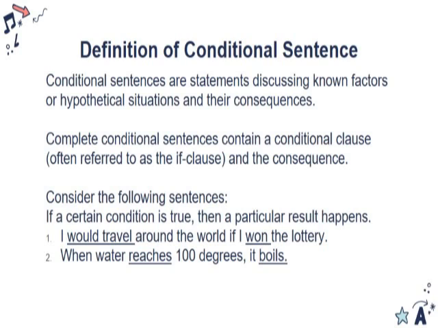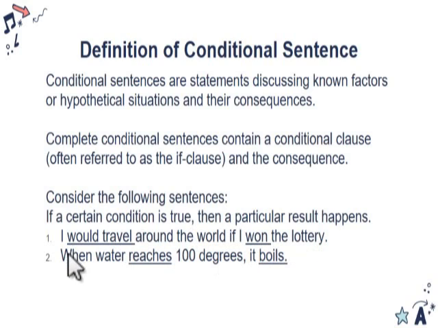You have to look at the form of the tenses here. This is I would travel around the world, the main clause. And the if clause or the conditional clause starts from this one: if I won the lottery.